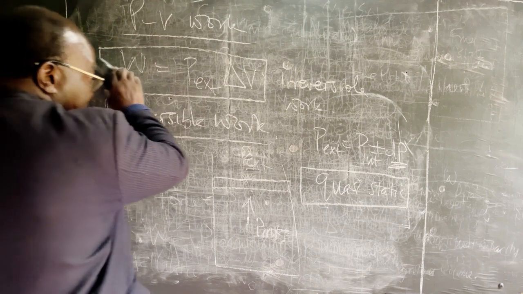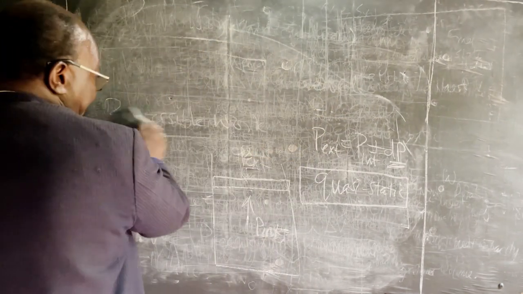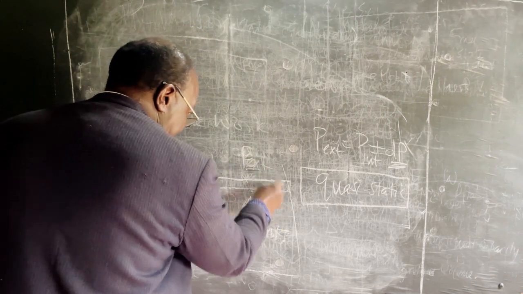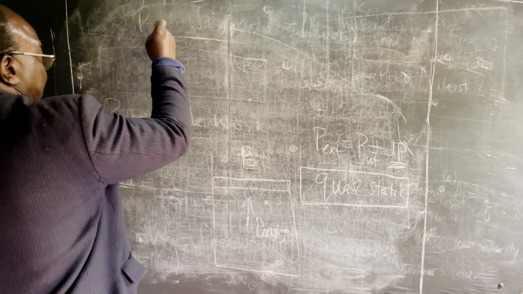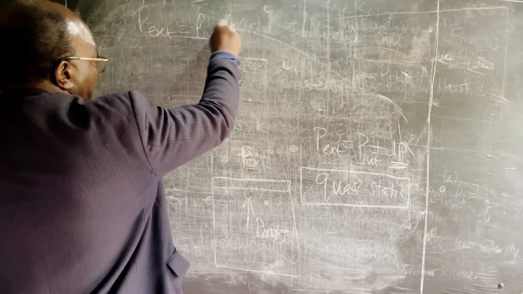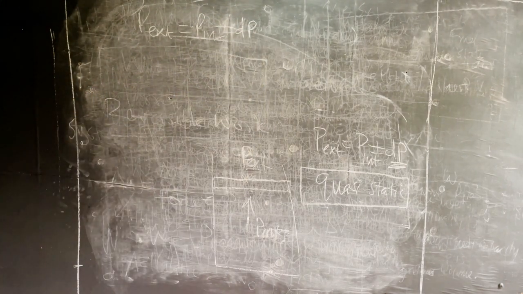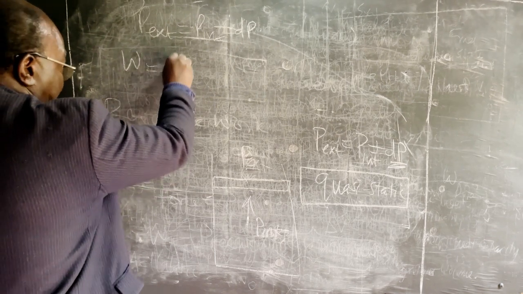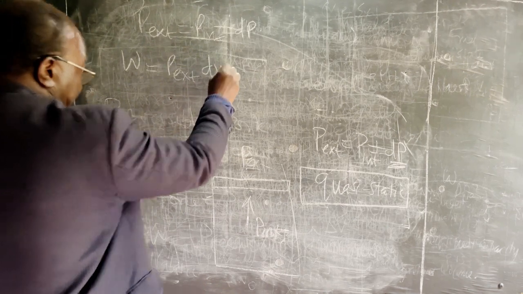So how does this affect our calculation? Now we are talking of the difference between the internal pressure and the external pressure being very, very small. So the external pressure can be expressed as internal pressure plus or minus dP. But we already know that work is external pressure times the change in volume, dV.